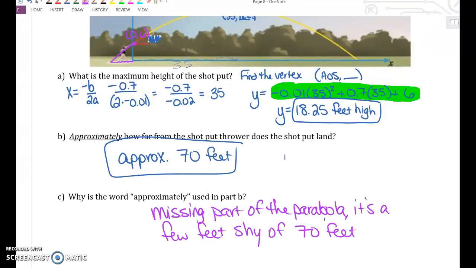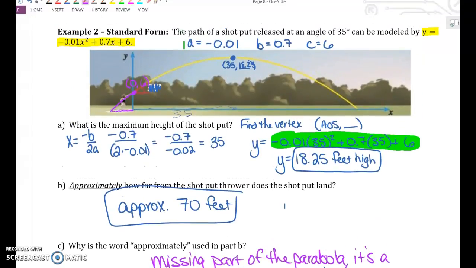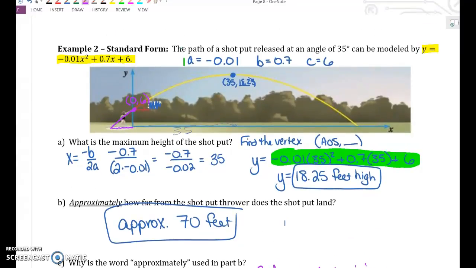All right, I made a big assumption in this problem. I used feet as my label. It will usually be written for you. It should have said up here in the problem where x represents the horizontal distance in feet and y represents the corresponding vertical distance, or the corresponding height, in feet.